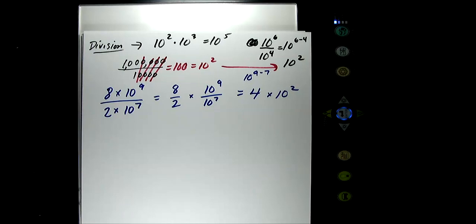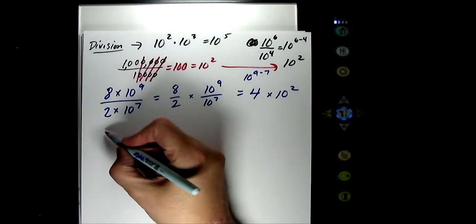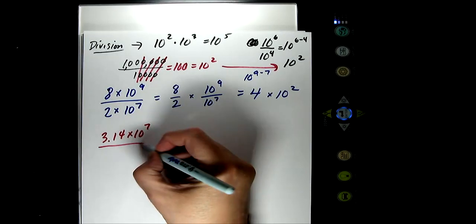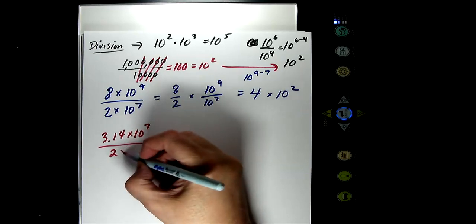Now, you're probably not going to have integers like 8 and 2 if this shows up in the homework. They'll make you pull out your calculator. So they might give you something like 3.14 times 10 to the 7th power divided by 2 times 10 to the 3rd.